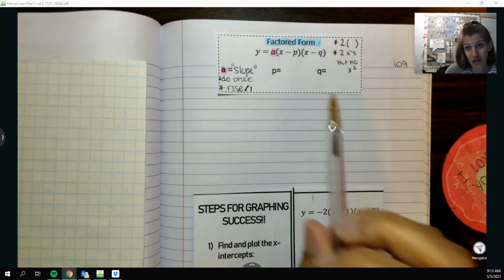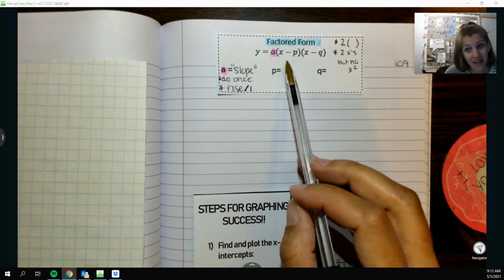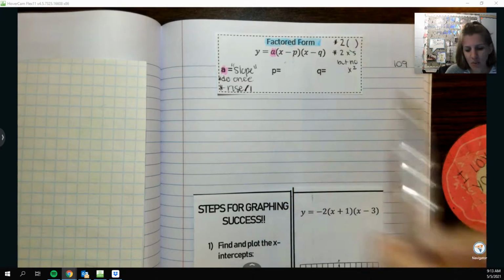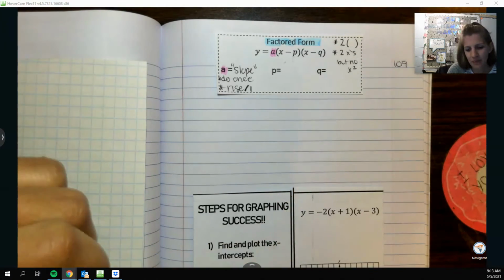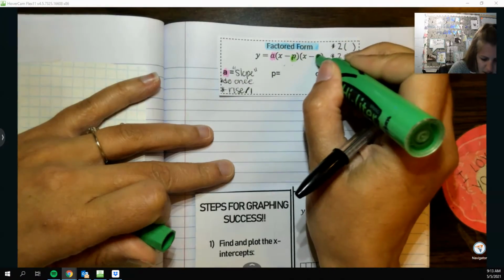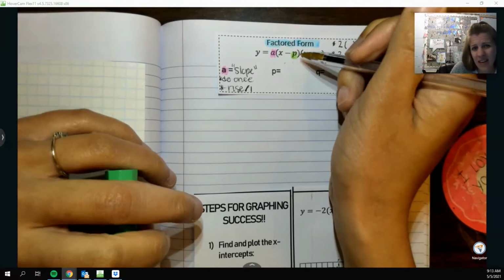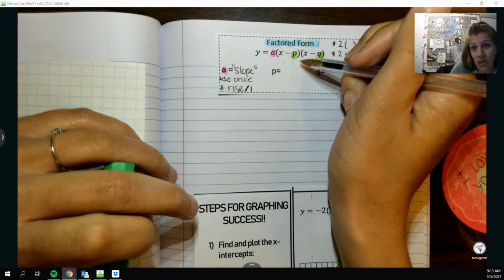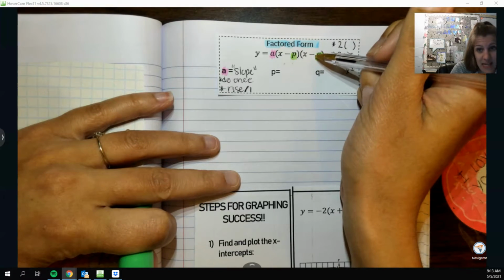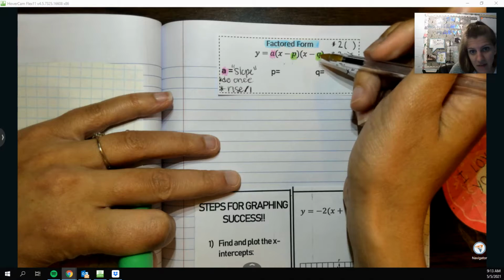When it comes to these other values, the graph is trying to be helpful. It's trying to give you information. And so when I look inside the parentheses, each of these values here, P and Q, will become opposite. So like if I see x minus 2, it's really going to be positive 2. Or if I see x plus 7, it'll really be negative 7.